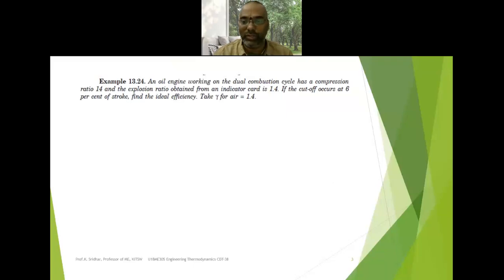So let us take the first problem. An oil engine working on the dual combustion cycle has a compression ratio of 14, that is the r value is given as 14, and the explosion ratio obtained from an indicator card is 1.4. If the cutoff occurs at 6% of the stroke, find the ideal efficiency, taking gamma for air as 1.4. A similar problem was solved in the diesel cycle also, when the cutoff occurs at 6% of the stroke.